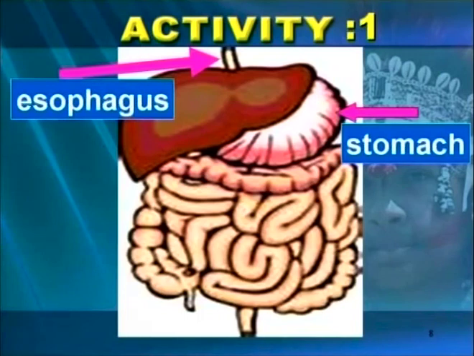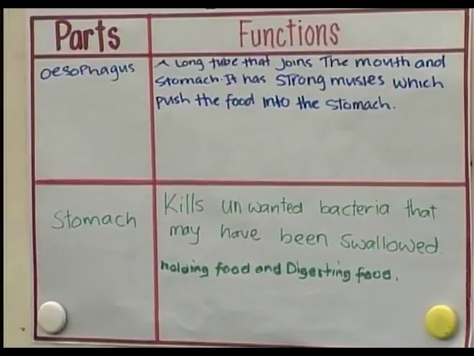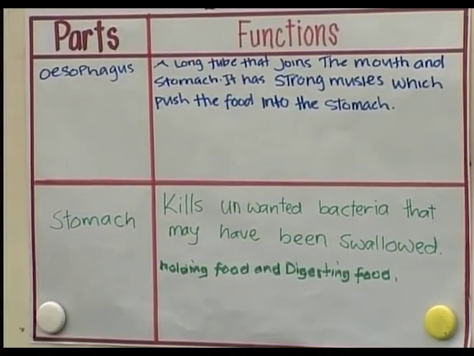That's also correct. That's how it is spelled. Or you can spell it as it is on the screen that you can see. Now the next one was stomach, which is correct. And you have the parts there. The esophagus is the long tube that joins the mouth and the stomach. It has strong muscles which push the food into the stomach.